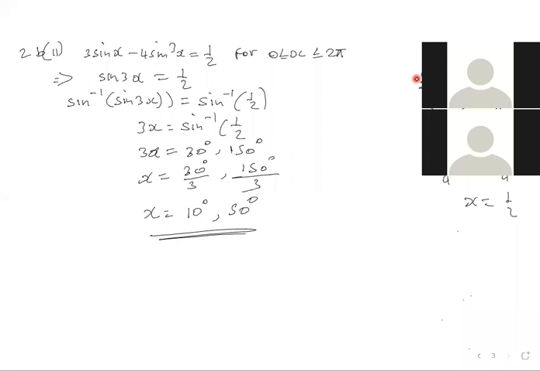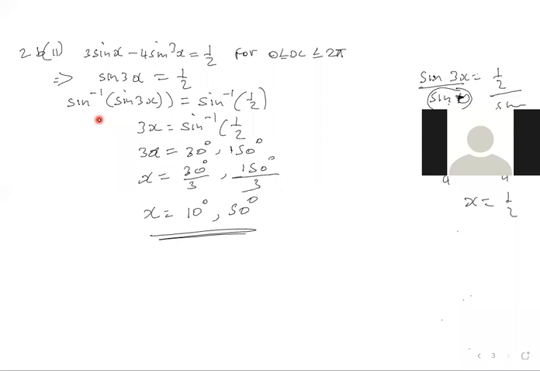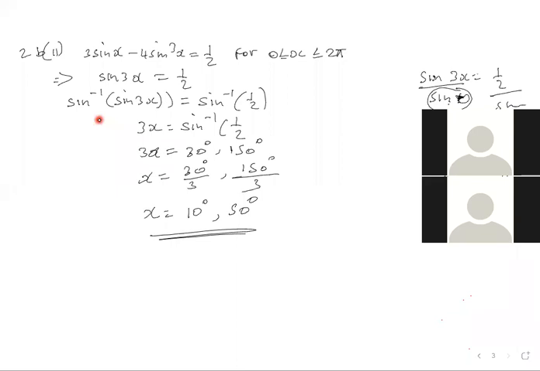The sine inverse and the sine get rid of each other to give us a 1. 1 times 3x gives 3x. That's how the sine disappeared on the left-hand side. Hope I've answered Chole's question. Chole, is it clear? Clear. Okay.